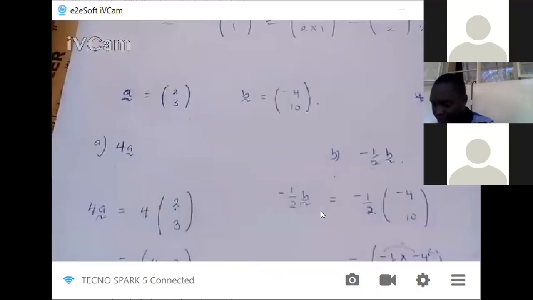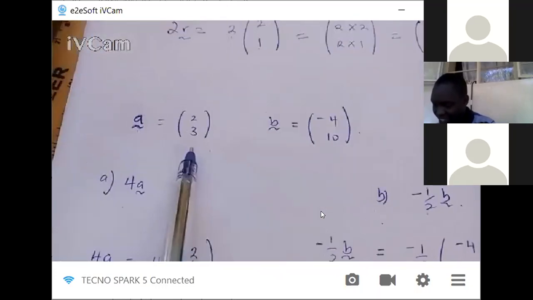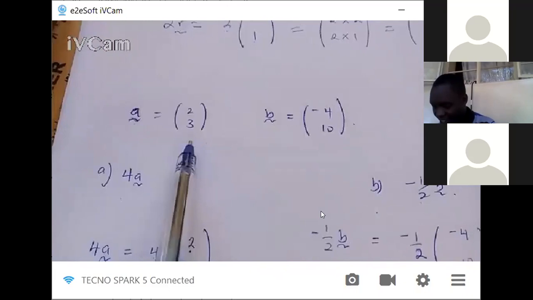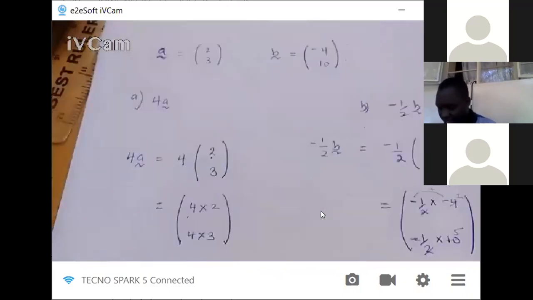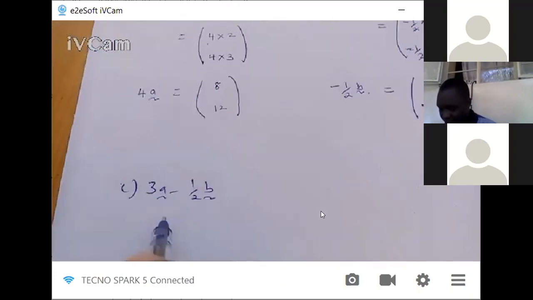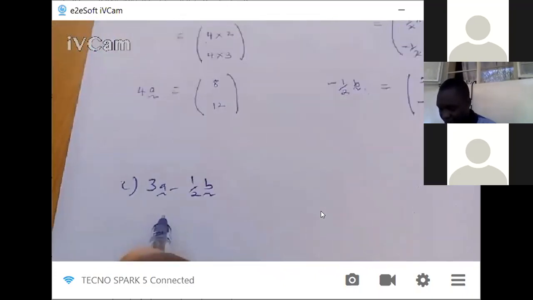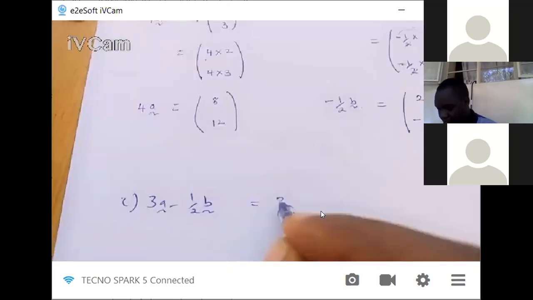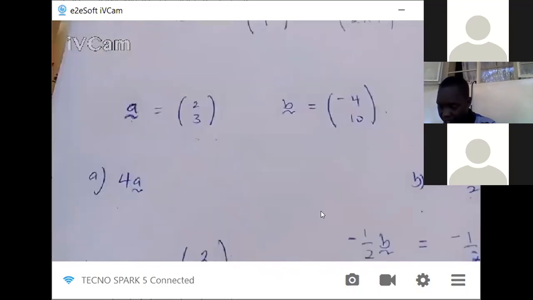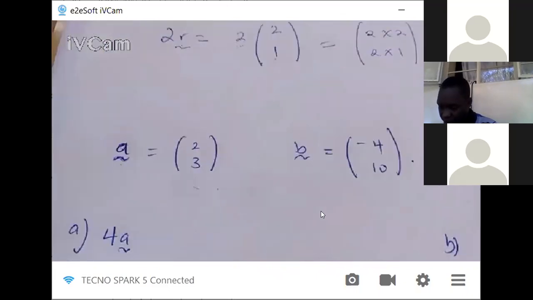Okay, A was given as this, and B was given as that. So they are telling you to find 3A minus a half B. So we shall have 3A, but what is our A? Our A is 2, 3.